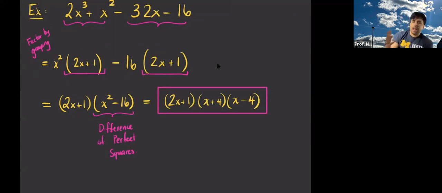But you see here, I had factor by grouping, and then I'm left with a common factor. I factor that out, and I'm left with a difference of perfect squares, which I can factor further. So you'll always have to be perceptive as to what kind of expressions we have. Okay, so all of this is building up our skill set, particularly with factoring.